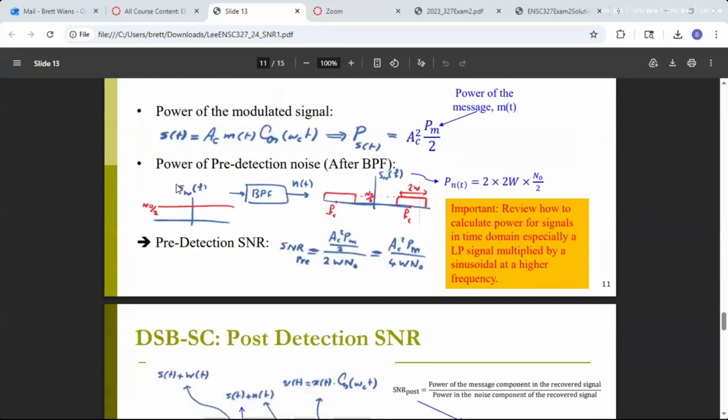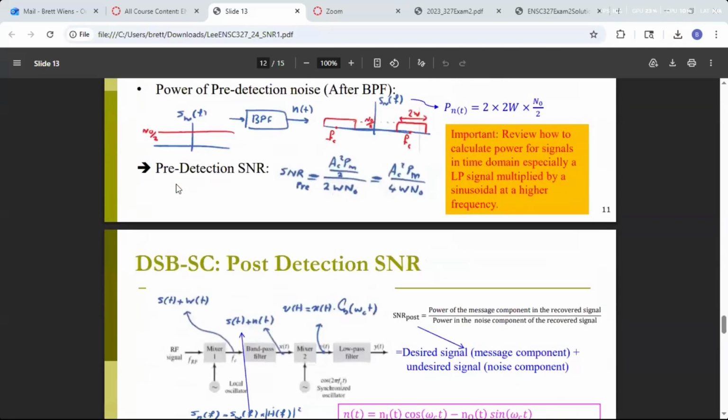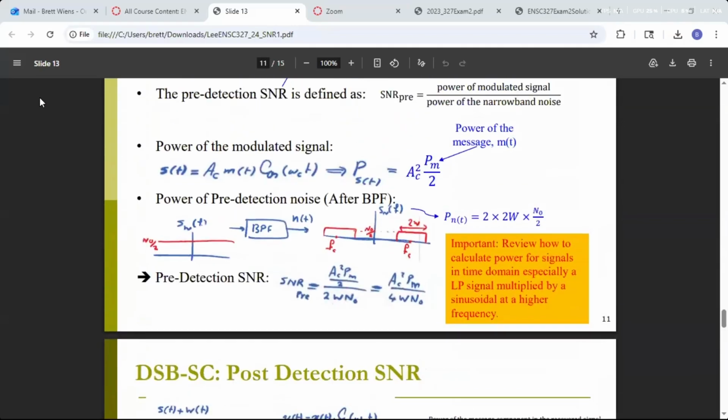You just still need to know what it's about. So see, prior to detection, we get this ratio of the signal power to the noise power. So I think this is right where we're still modulated, right?